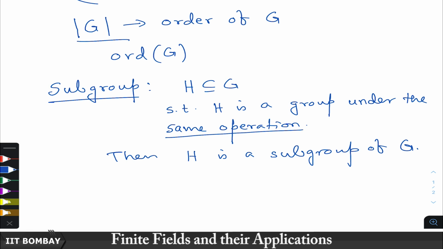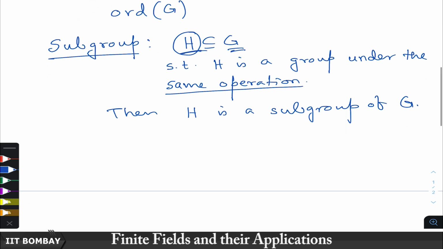So, the same operation is important. We do not mean that you can define some other operation in H and then H is a group under that operation. Then it is true that H is a group under that operation, but it is not the same operation as the operation in G. So, H will not be called a subgroup of G in that case. If under the same operation as in G the subset forms a group, then we say that H is a subgroup. So, let us see some examples of subgroups.